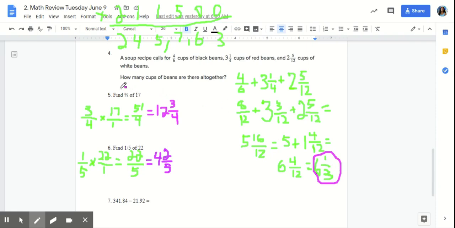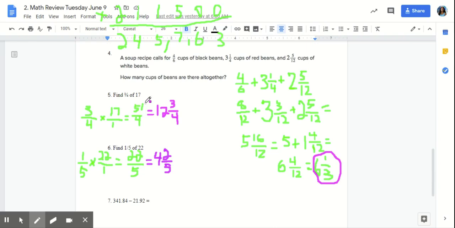Number 5, find 3/4 of 17. We know that if we see the word of in an expression like this, that symbolizes multiplication. 3/4 times 17 over 1 equals 51/4.